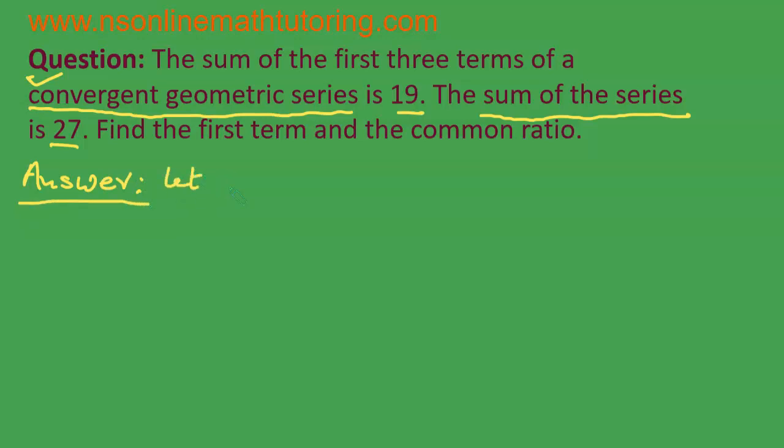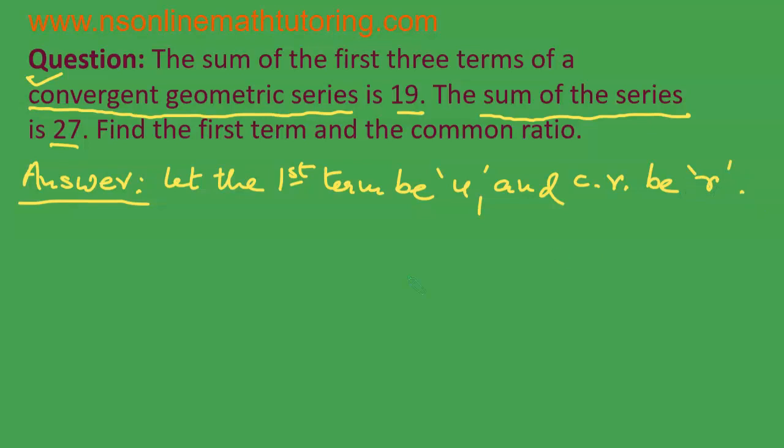So let the first term be U1 and the common ratio, I am writing CR for common ratio, be R. And they are saying the sum of the first 3 terms.